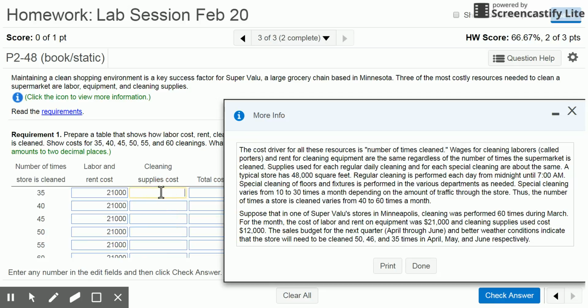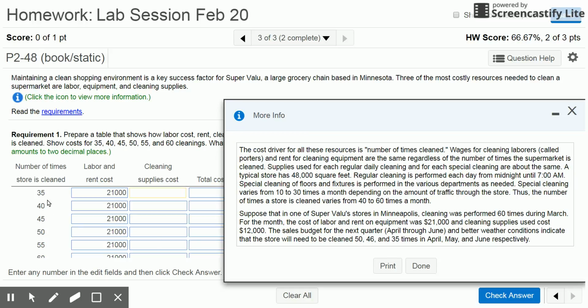On the other hand, for cleaning supply cost, as I said, we have $12,000 cost of supplies and we perform 60 cleanings during March, which gives us $200 each time that we are cleaning the store.